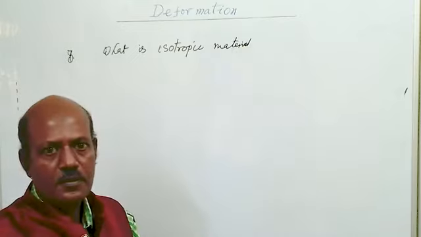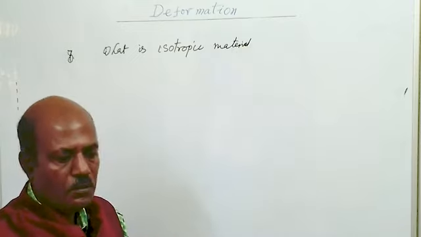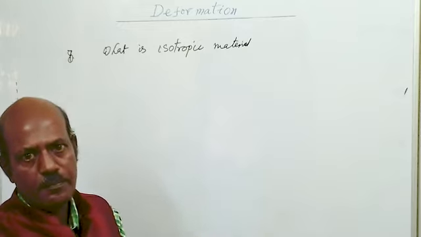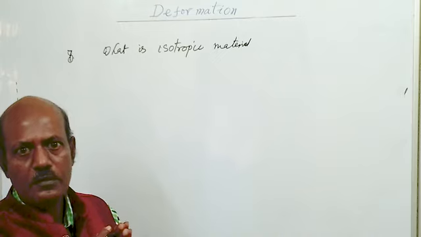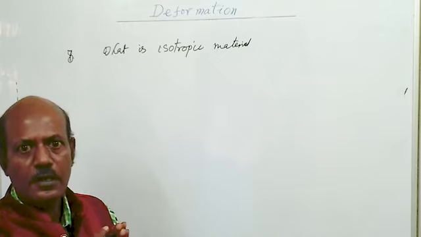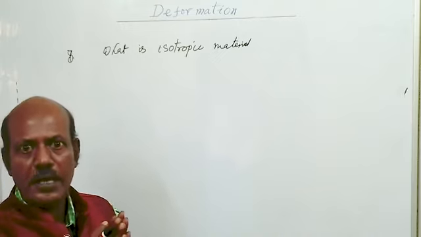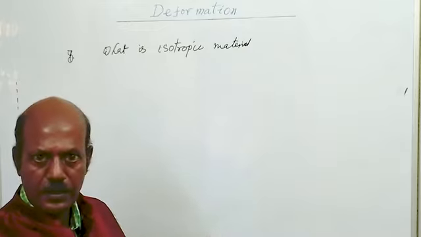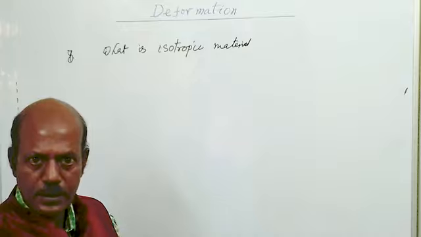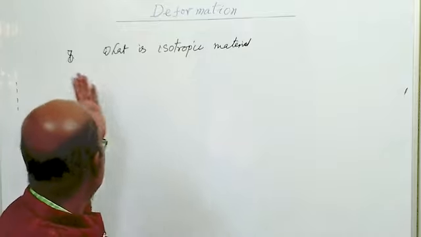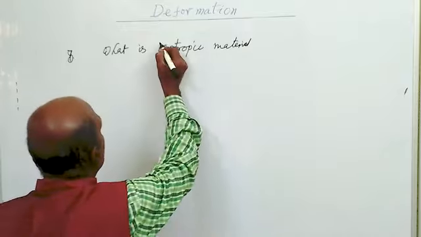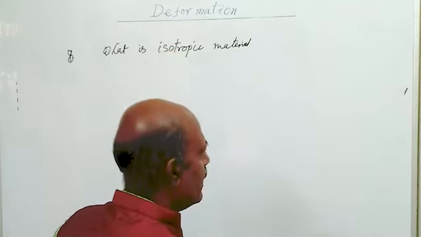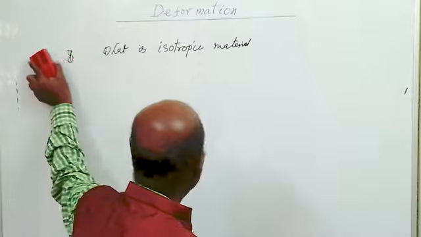If the property value of a body or a material is the same in all directions, say along the x direction, y direction and z direction, then the body is called an isotropic body, or the material is called isotropic material.